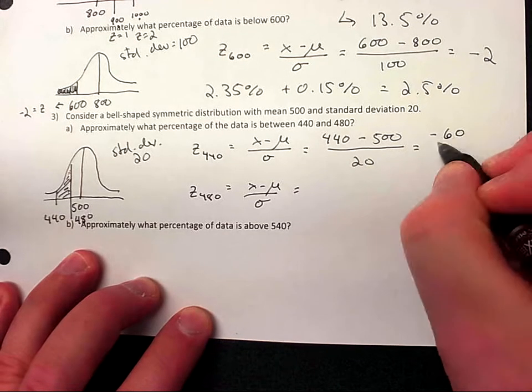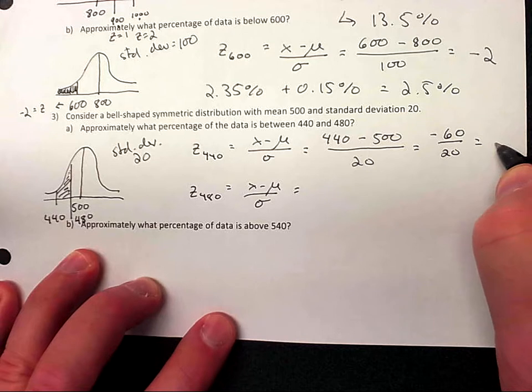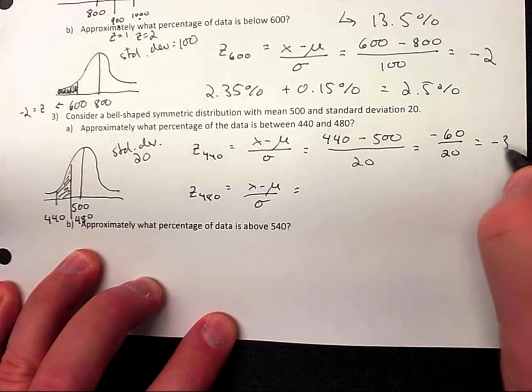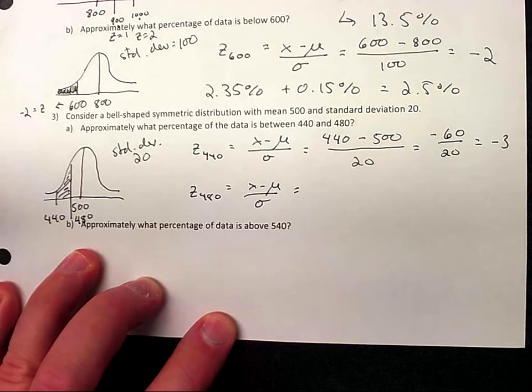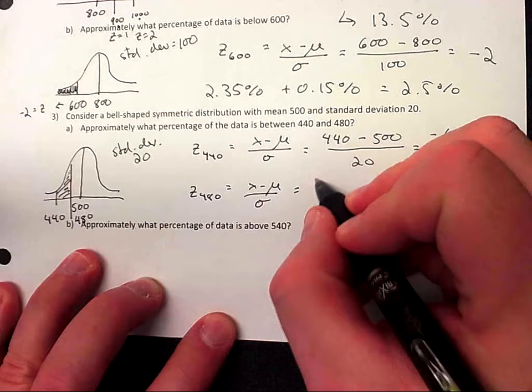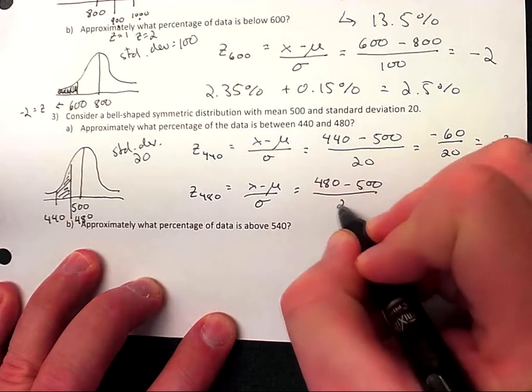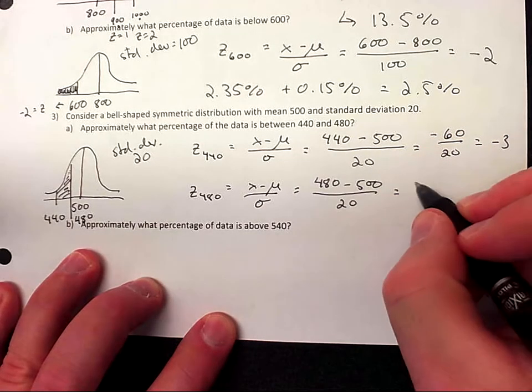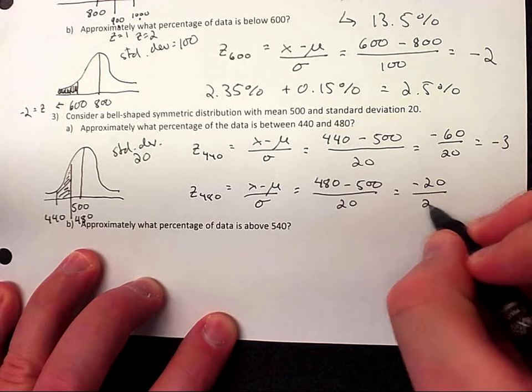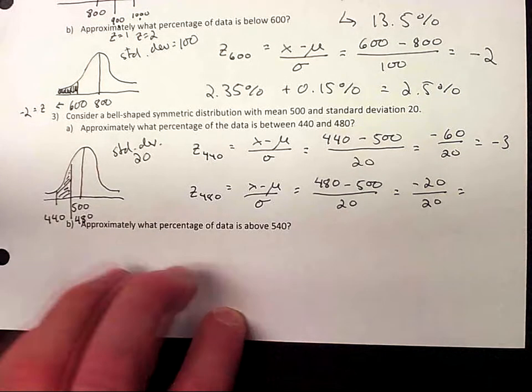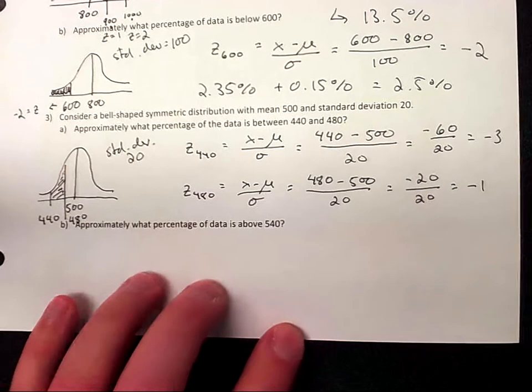So here we're going to have negative 60 divided by 20, which is equal to negative 3. Everybody good so far? Everybody on the same page? Then here we're going to have 480 minus 500 divided by 20, which is negative 20 divided by 20, and that's going to be equal to negative 1.